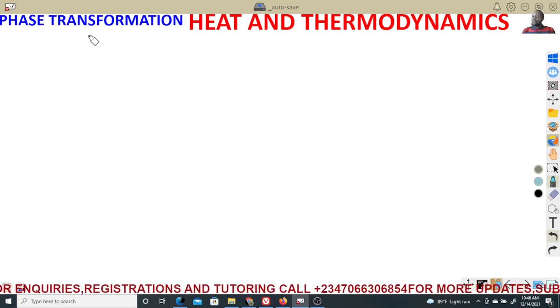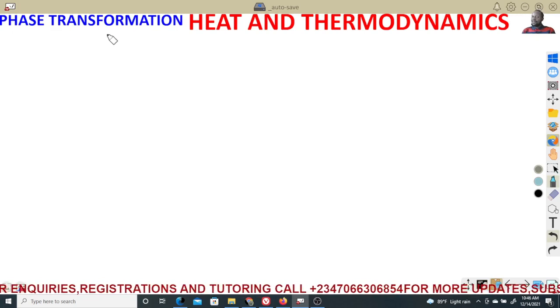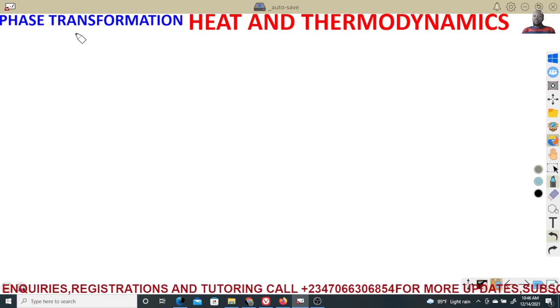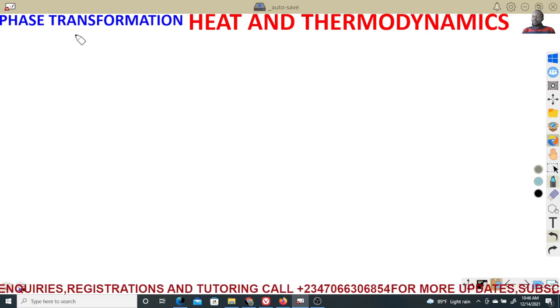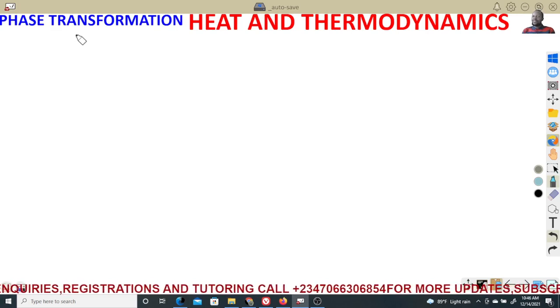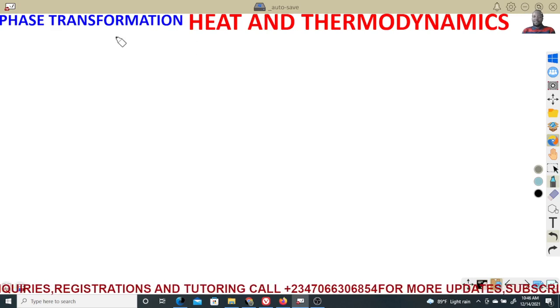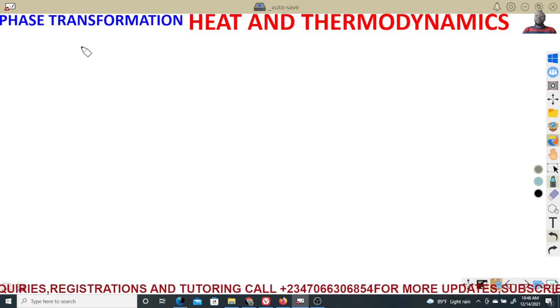The first one, where the temperature changes, we call specific heat. This second type, which we call latent heat in your junior classes, we need to understand through phase transformation.